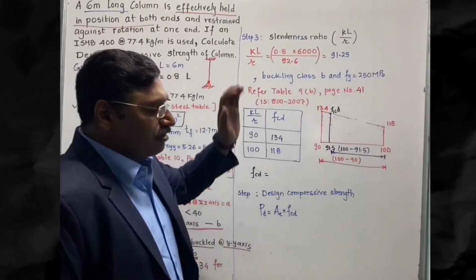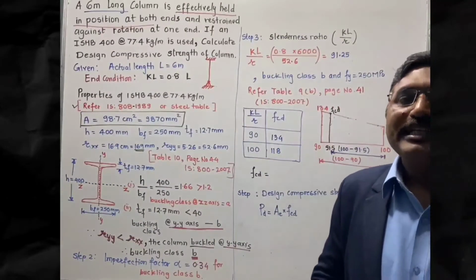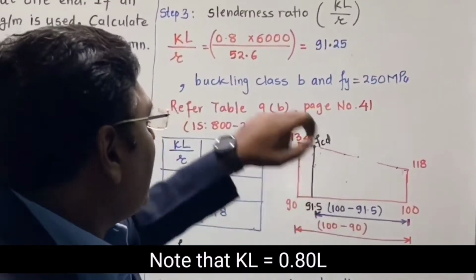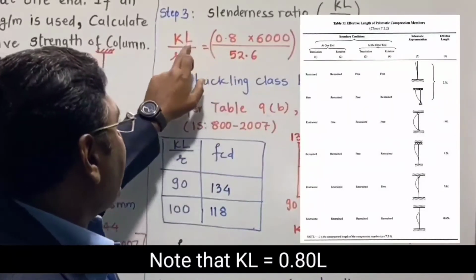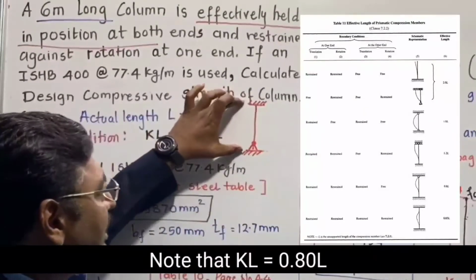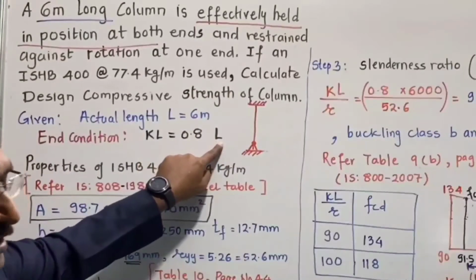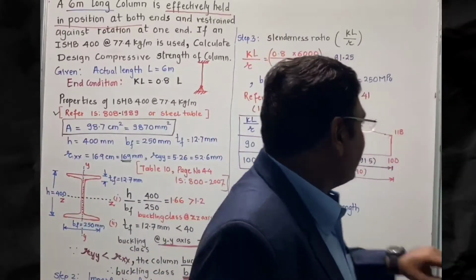We'll calculate now the slenderness ratio. Slenderness ratio is nothing but the ratio of effective length to radius of gyration. So KL upon R, this ratio we calculate. K for one end fixed and the other end hinged is 0.8 L, which is from table number 11 of your IS 800.